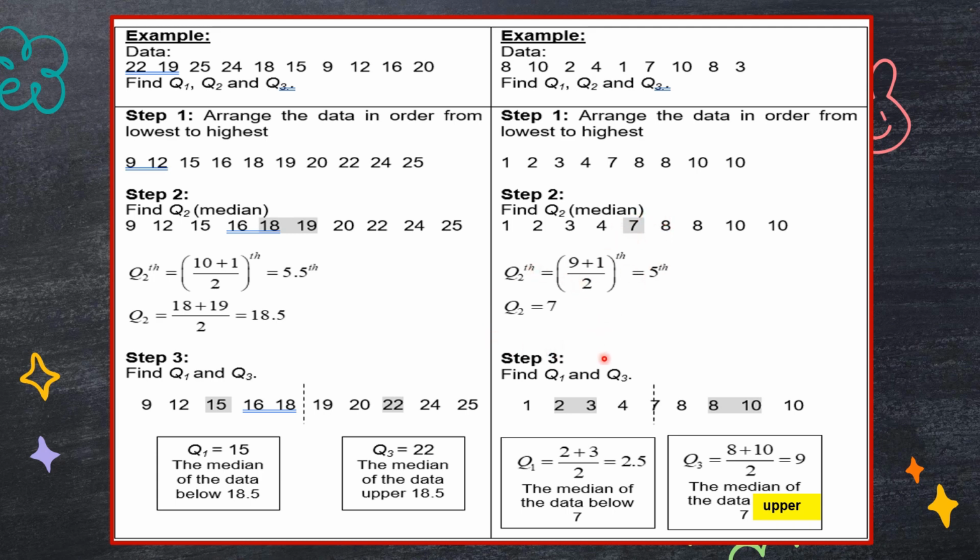And step 3, the first quartile is equal to 2.5. That means it is the median of the data below 7. And the last one is the third quartile. So the third quartile is equal to 9. The third quartile is the median of the data above 7.